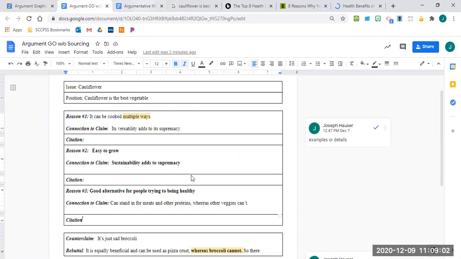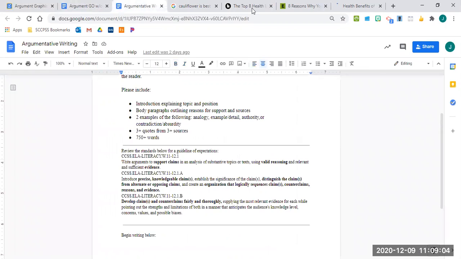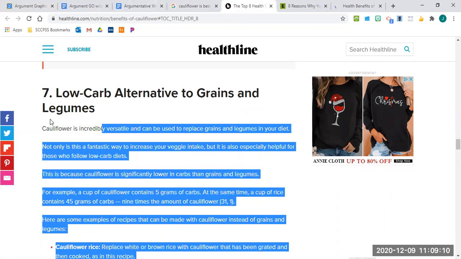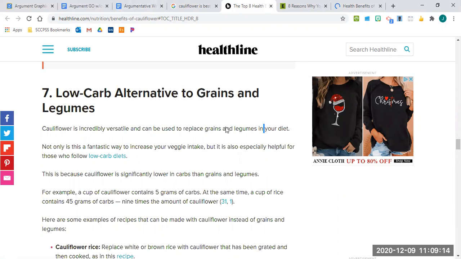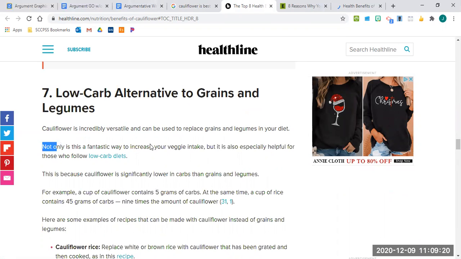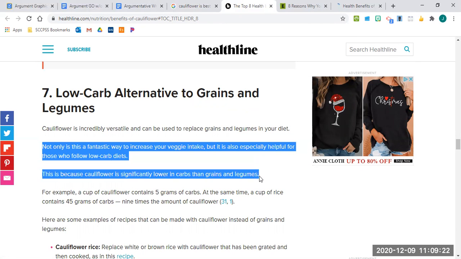So I'm going to use this. Oh, it's incredibly versatile and can be, okay. Oh, so this is my jam. Cauliflower is incredibly versatile. Hey, this is the quote I want to use. No, sorry, I need to use this quote.